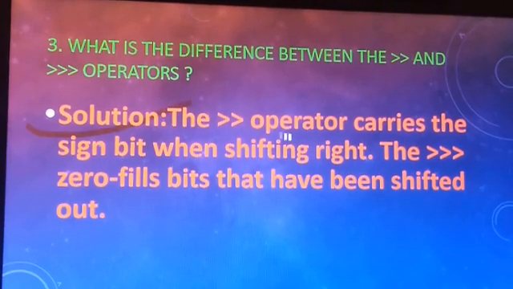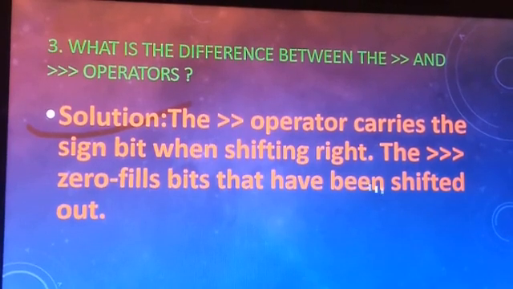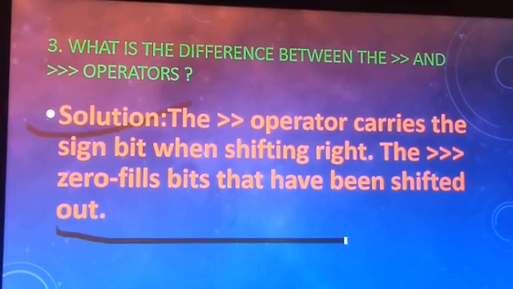Solution: the >> operator carries the sign bit when shifting right. The >>> operator zero-fills the bits that have been shifted out.